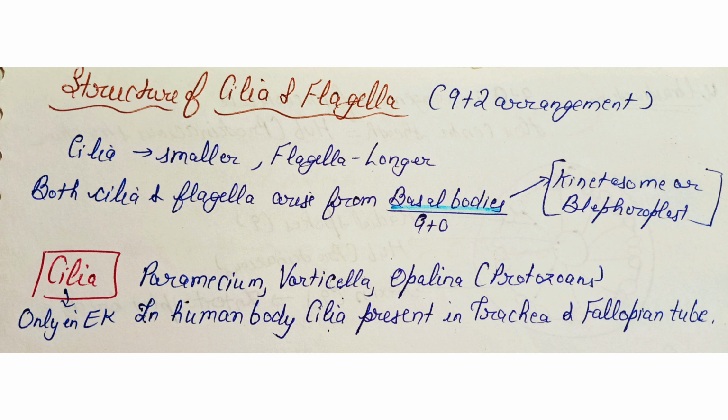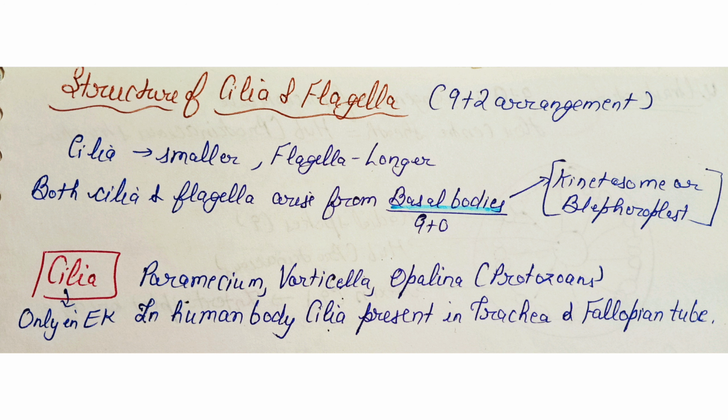The structure of the cilia and flagella are examples of 9 plus 2 arrangement of microtubules. The difference between the cilia and flagella is that the cilia is smaller whereas the flagella is a longer structure. But the similarity is that both the cilia and flagella arise from the basal body. In basal body there is 9 plus 0 arrangement of microtubules.